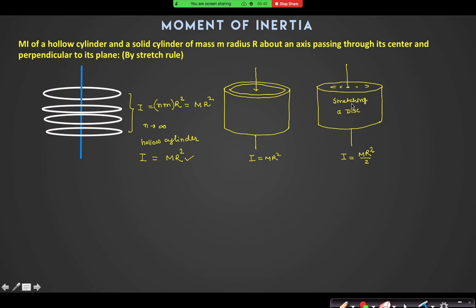Stretching means nothing but addition of similar types of configuration about the same axis. So basically I am adding similar disks about the same axis, yes or no? So if I keep on adding disks about the same axis of rotation, will the expression for moment of inertia change or will it remain the same?